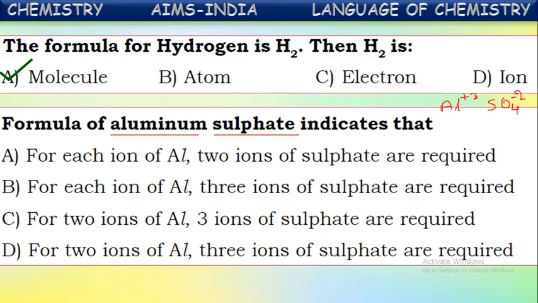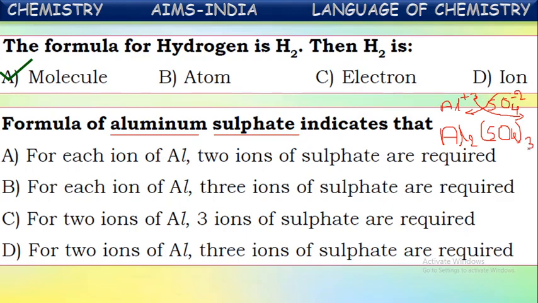So when you combine these two by using crisscross method, as there is no common factor, this 2 will come here, and this 3 is written down. As it is a group of atoms, this 3 is kept after writing brackets. So it becomes the formula Al2(SO4)3. So this is the formula of aluminium sulfate.